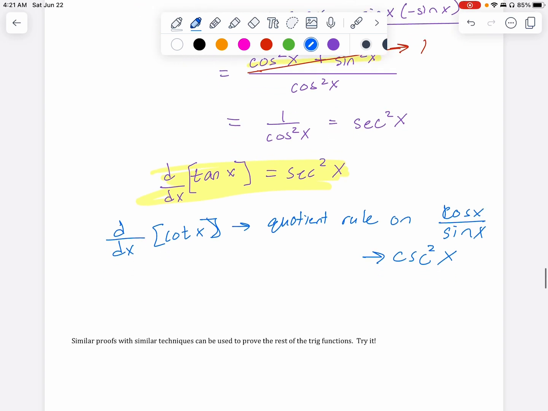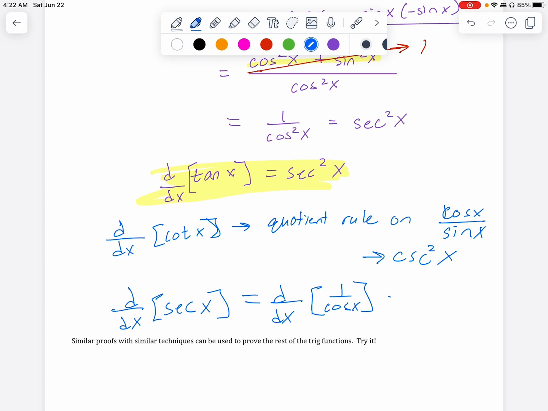We can do that same thing to secant of x. Because secant of x is equal to 1 over cosine of x, using the quotient rule, where one of the functions is just 1, that's a fun thing to do.